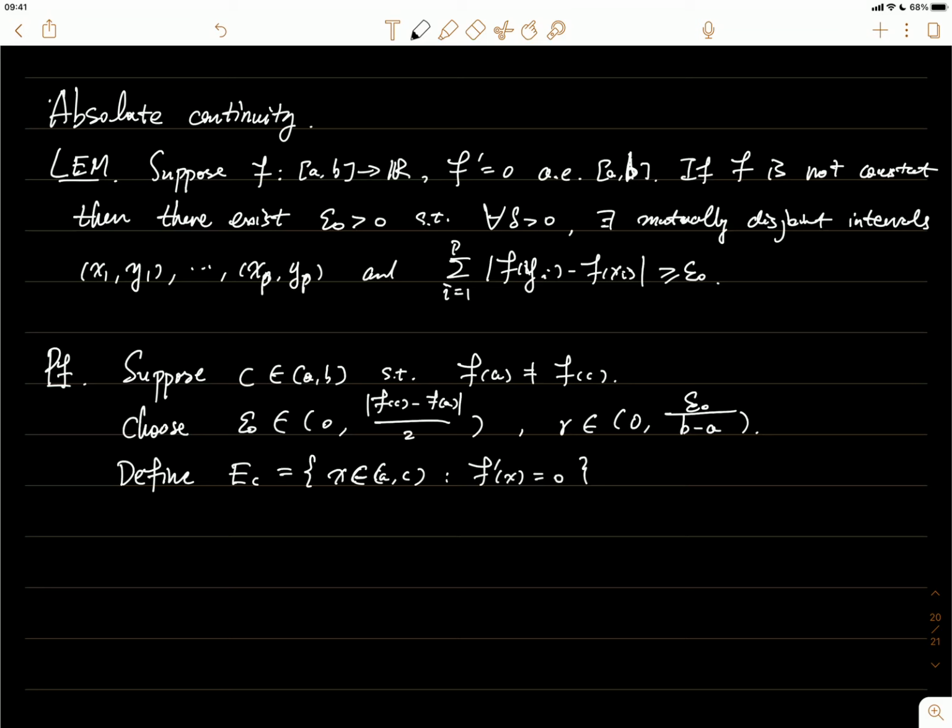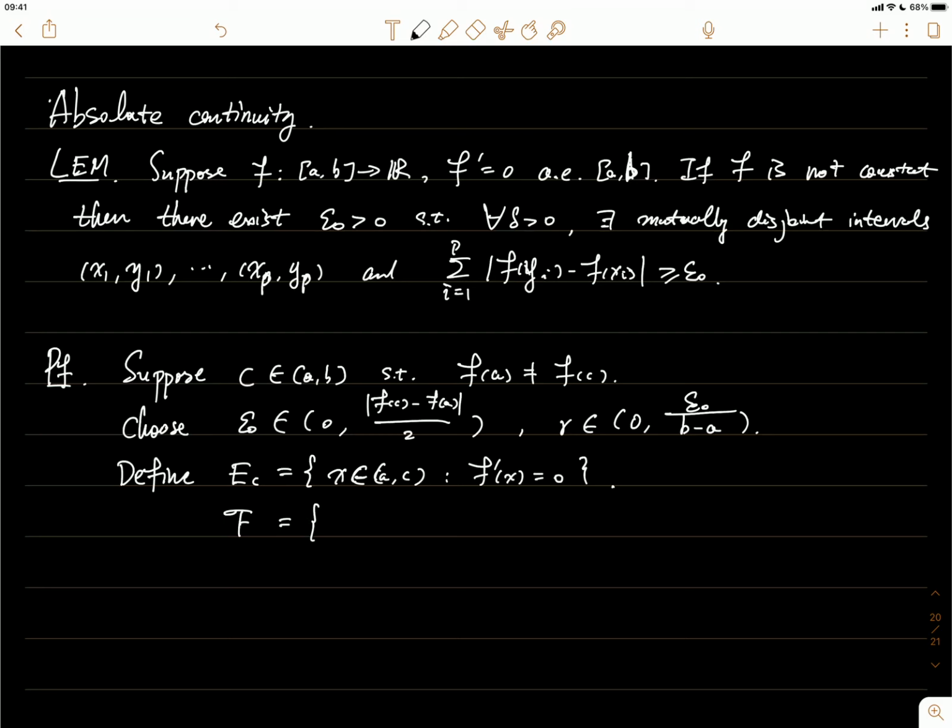So just a collection of points where the function has derivative and is equal to 0. Then we define the family of functions, which will be a Vitali covering of this EC.